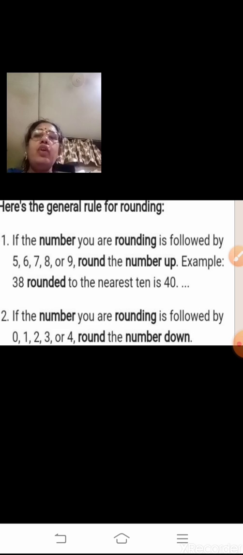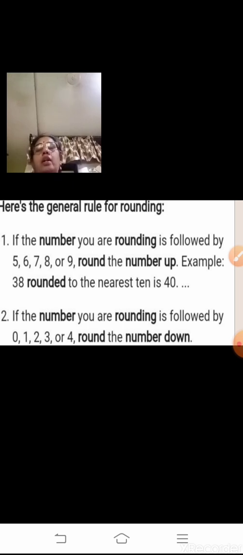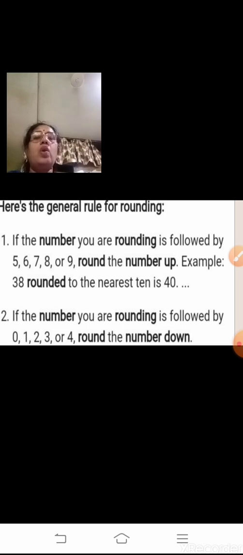Now, there is a general rule for rounding off a number. When do we round off a number? How do we round off? Suppose the digit after the number you're rounding is 5, 6, 7, 8 or 9. These digits, 5, 6, 7, 8 or 9, are known as the strong numbers. When it is followed by any of these digits, your number is rounded off upwards.